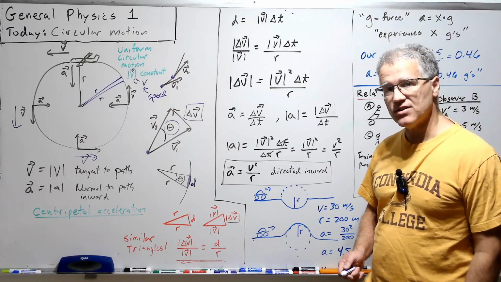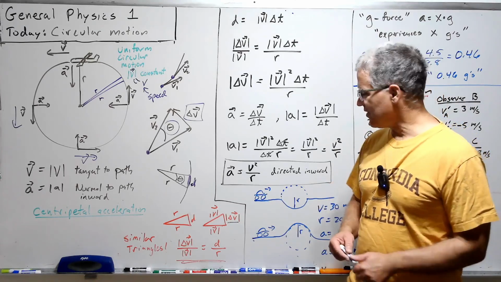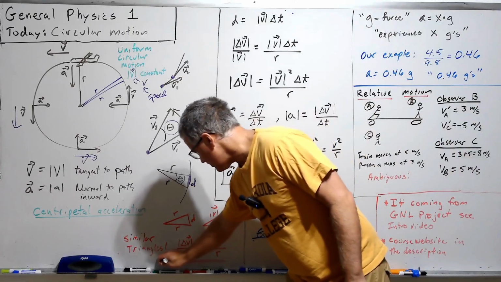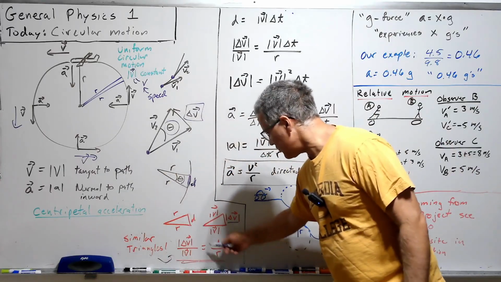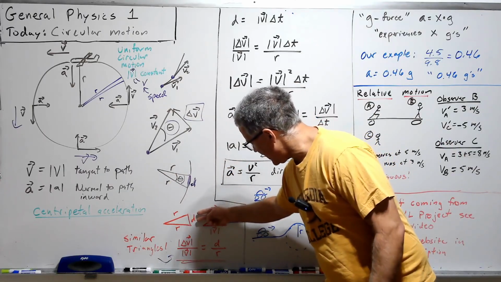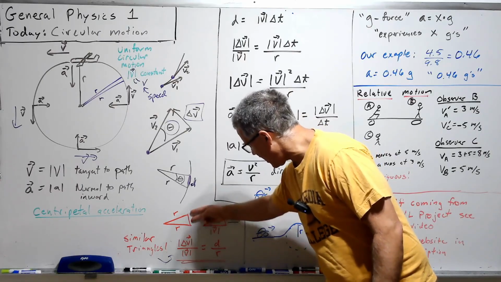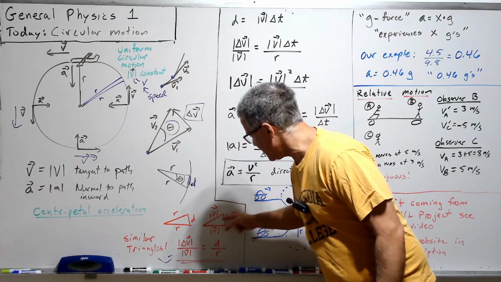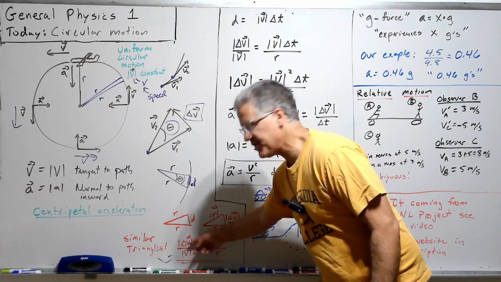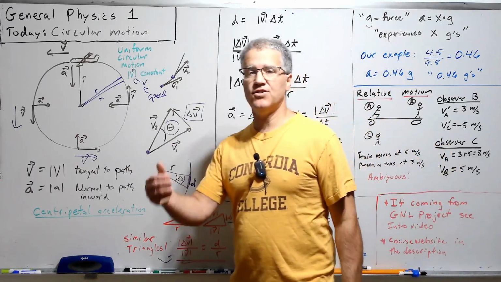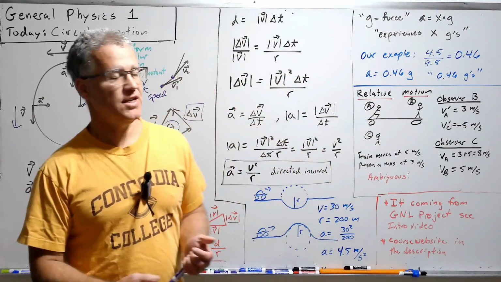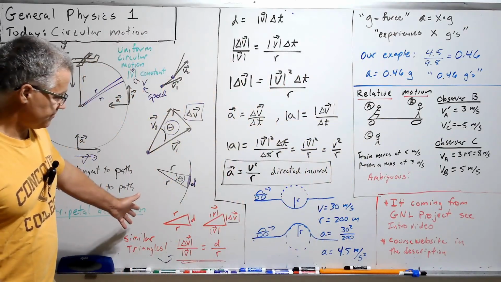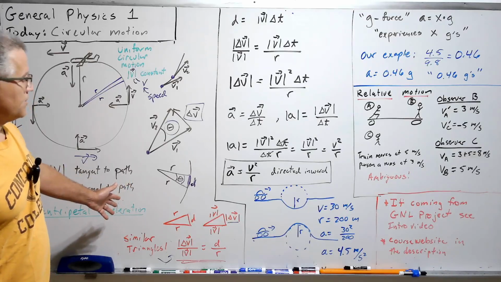So we have similar triangles, and going back to 10th grade geometry, we can write this ratio. The ratio of D to R is the same as the ratio of the magnitude of the difference to the magnitude itself, so the magnitude of the difference over speed. That's just the geometric property of these similar triangles.